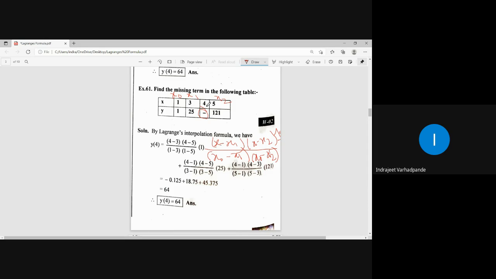We have to predict or estimate the value for x equal to 4. So it is 4 minus 3, 4 minus 5 upon 1 minus 3, 1 minus 5 multiplied by the functional value of y at x equal to 0, that is 1.